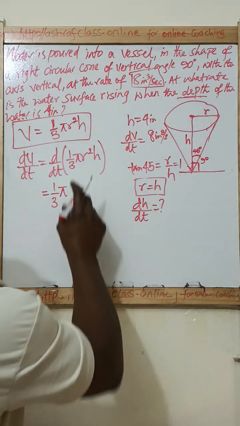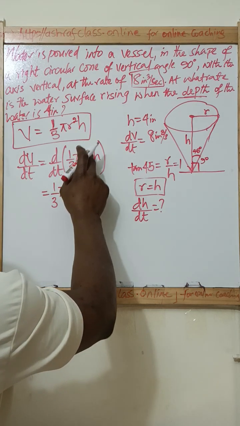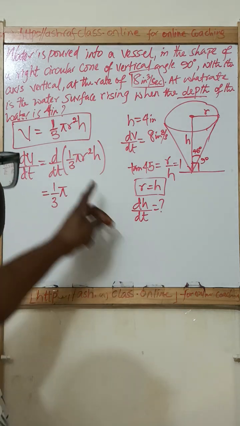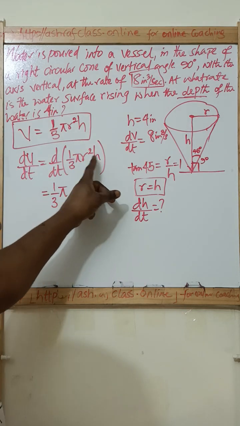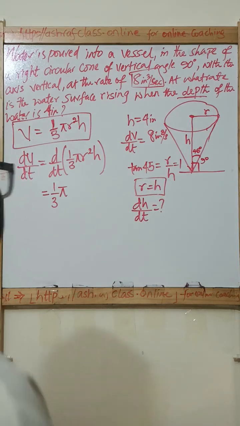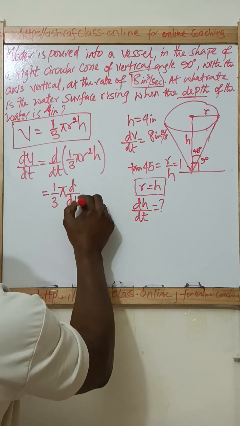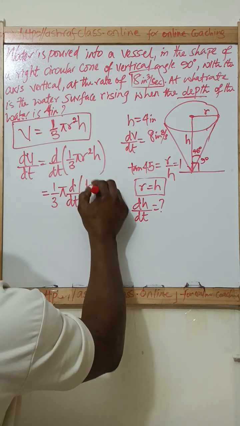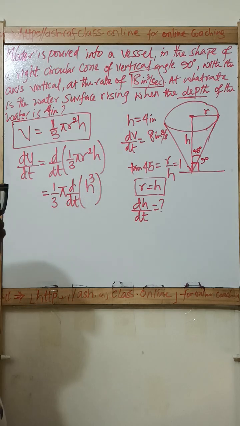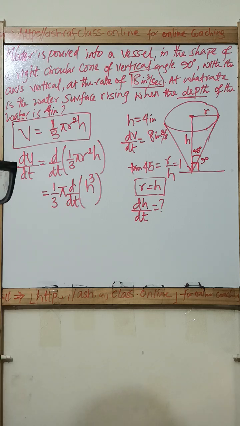So we replace r with h. r squared times h will be h cubed. So 1 over 3 pi, d/dt of h cubed.